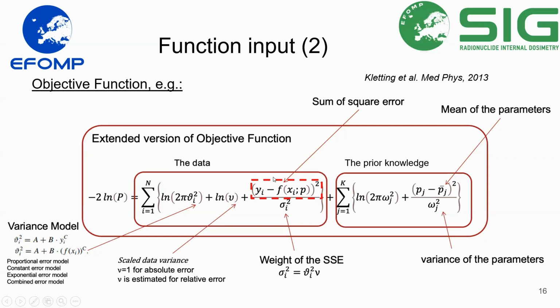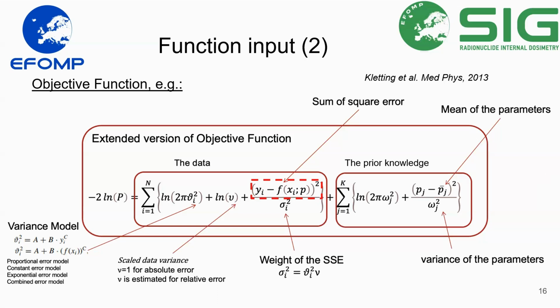And this part is the sum of squares, and this one shows the weight of the sum of square error. And this is the prior knowledge: if we want to fit and we already know the typical distribution of a certain parameter, then we can add it as one of the weights of our fitting.